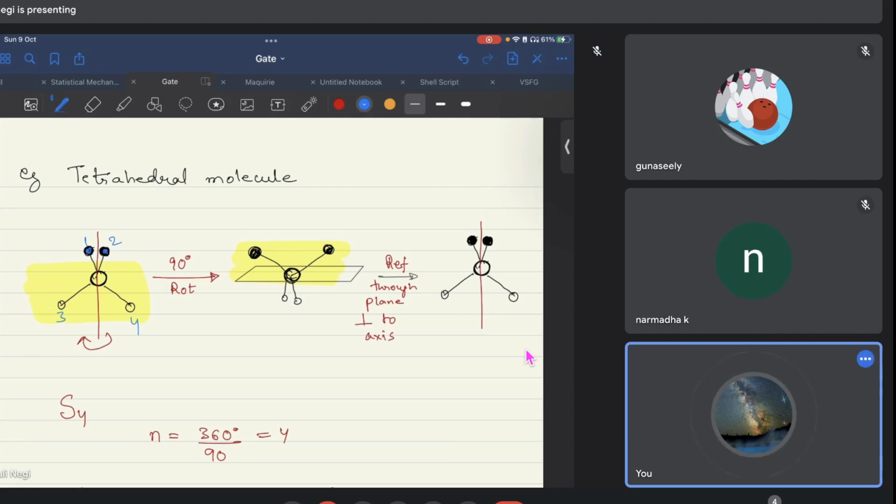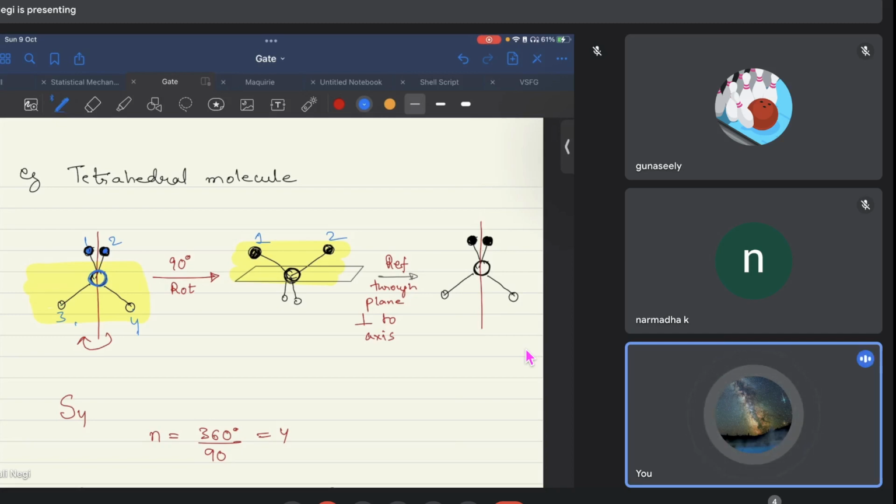These two, imagine, are going inside or behind your paper sheet. And this 1, this 3 4 and this atom will be on your paper plane. Now rotate it 90 degrees. What will happen? This 1 and 2 will come on your paper sheet, but of 3 and 4, this 3 will go behind your paper sheet, 4 will come above your paper sheet.